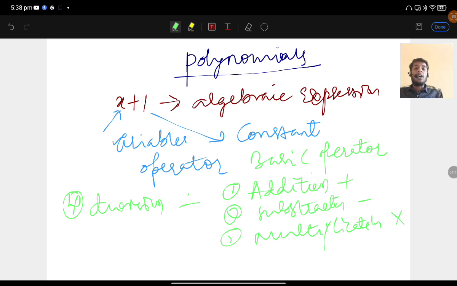These are all the basic fundamental operators which we learnt in mathematics.